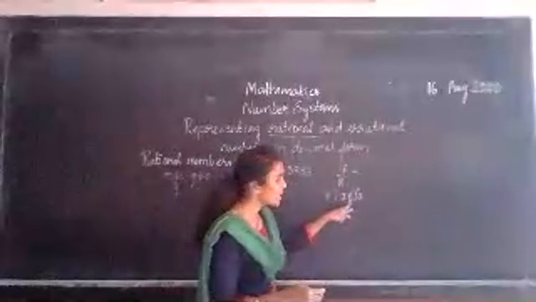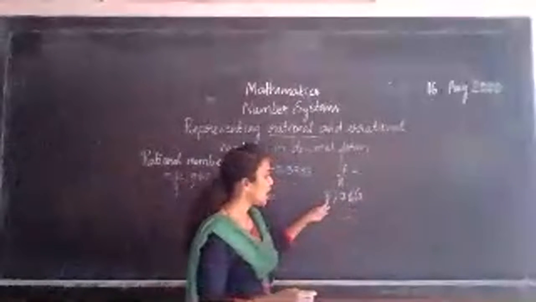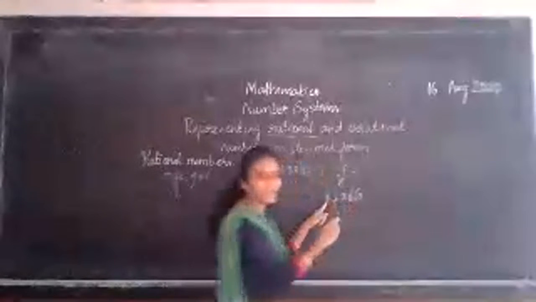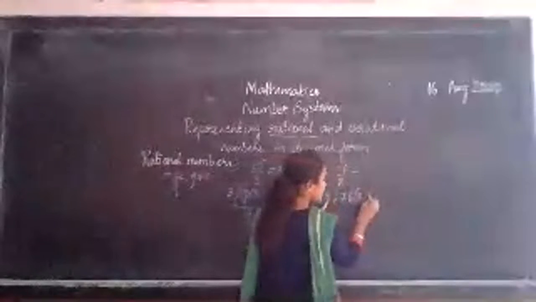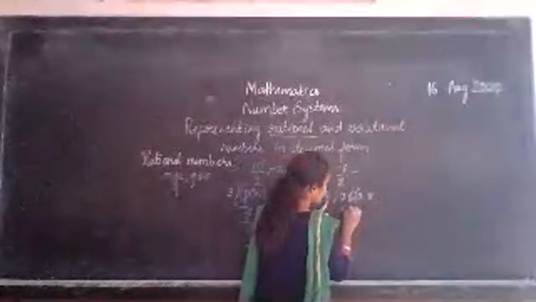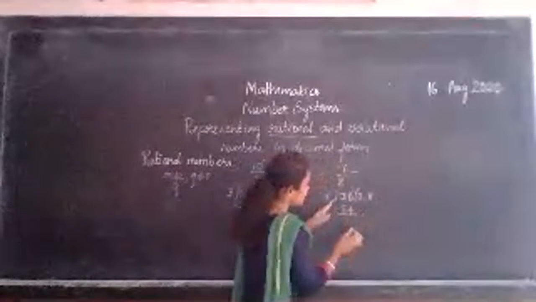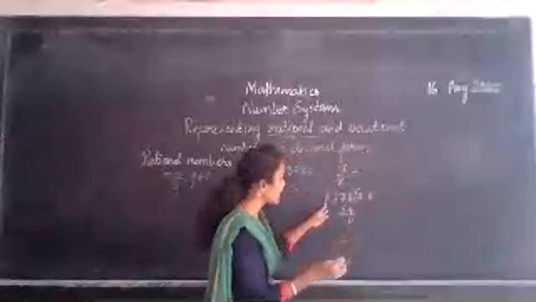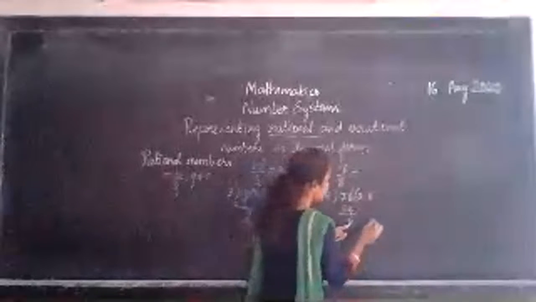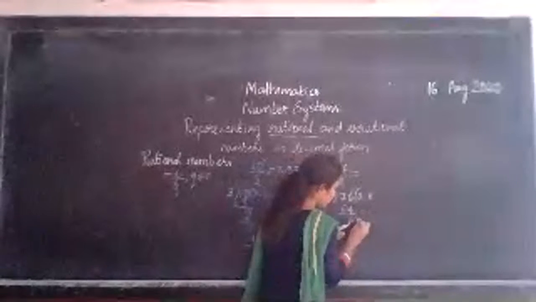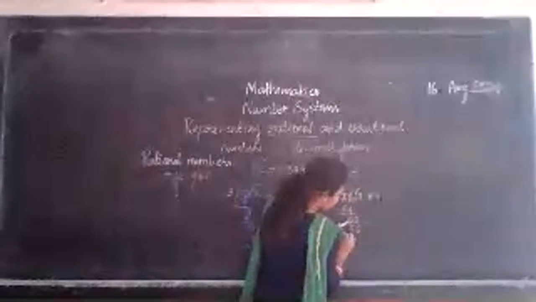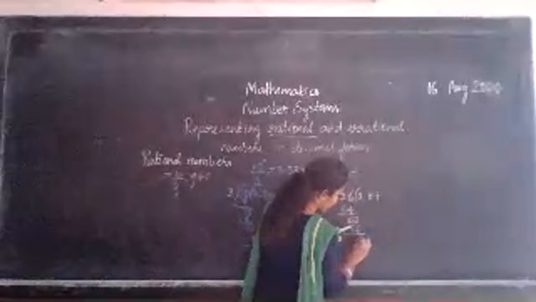I put a point and put a 0. Therefore now I have to divide this. Now 70 by 8. 8 8s are 64. Okay. Now the remainder is, if I subtract this, I get 6.